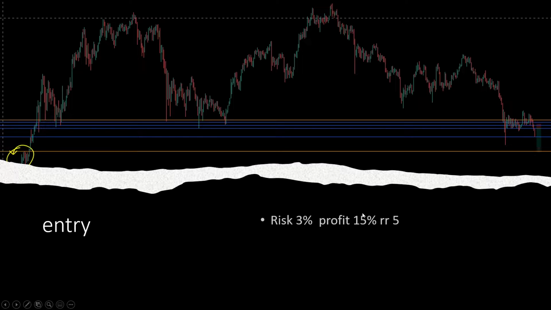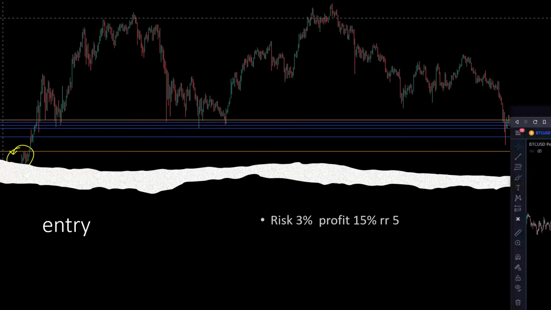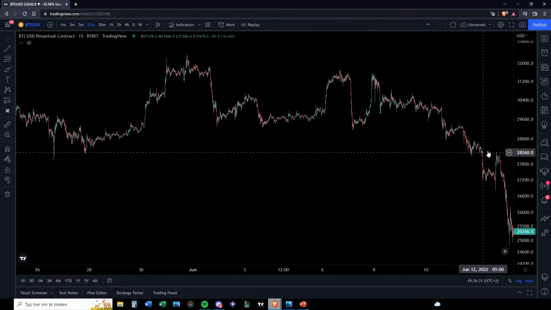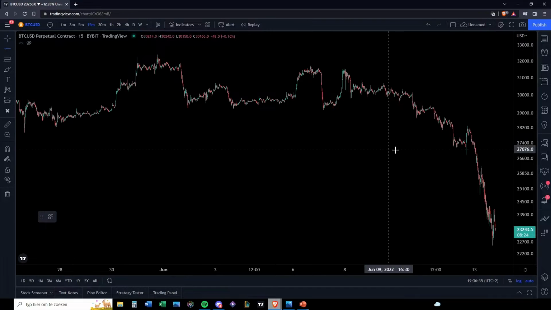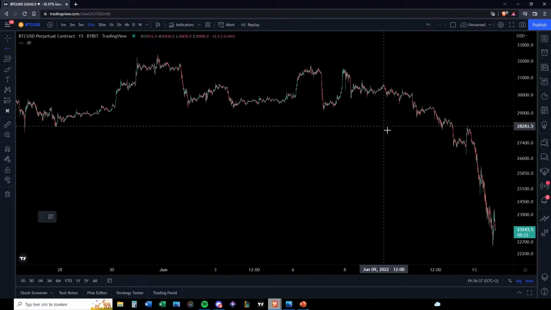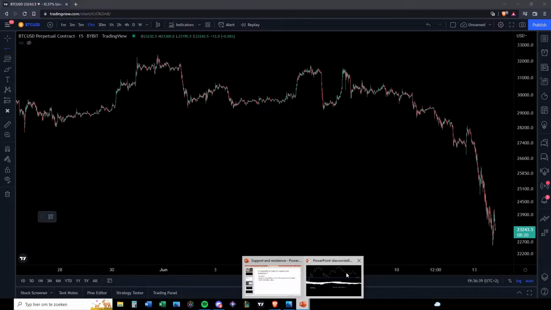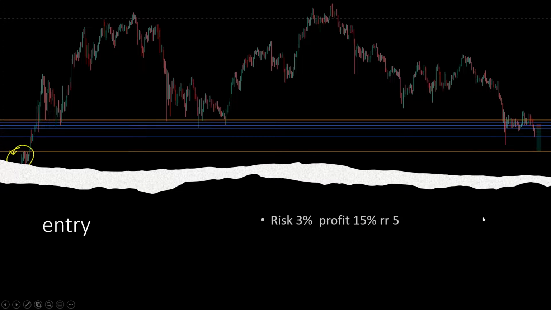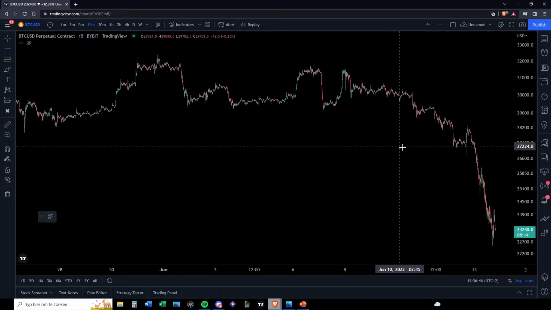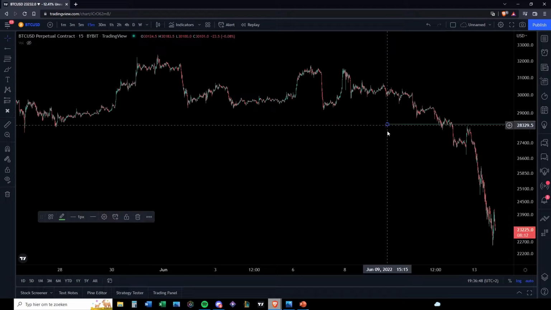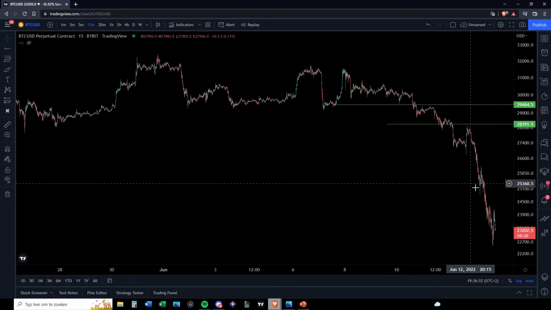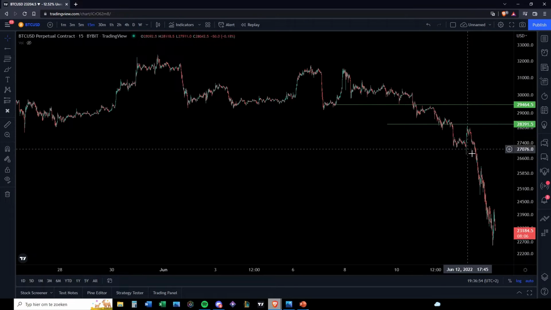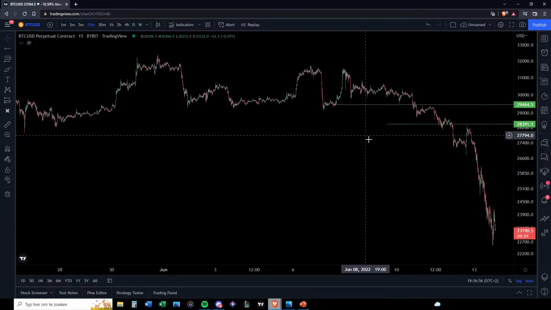If we look at the trade today, we did not get filled. I had an entry here. Hang on, where did I have an entry? Around there. I think it was here, and the stop would have been here. No, this had already happened.